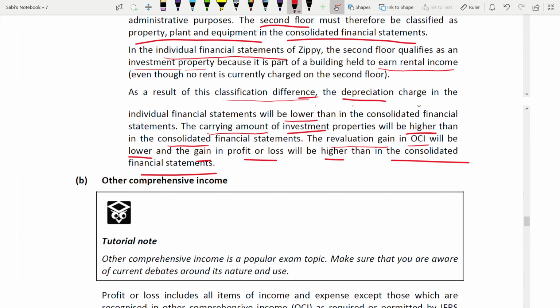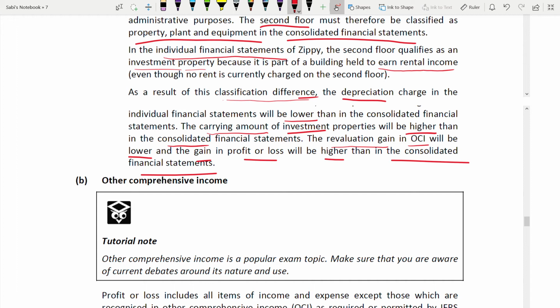Because in the individual financial statements, you are recognizing it as investment income, and for investment income, nothing goes in OCI. The gain goes in the profit and loss account. That's why OCI is lower. The gain of revaluation goes in OCI only when it is recognized as PPE, which is in the consolidated. That's why in the individual financial statements, OCI will be lower.